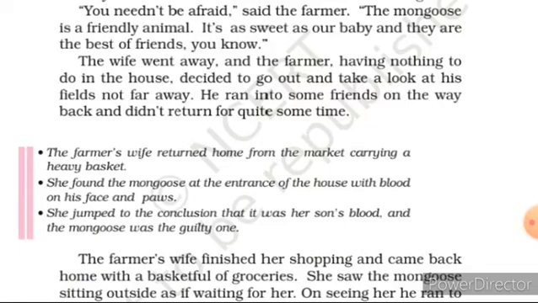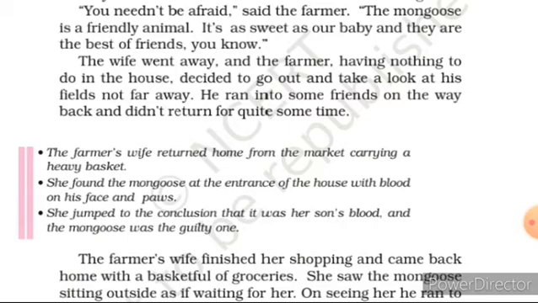Now listen, children, you have to repeat this paragraph along with me. Read louder, pronounce it properly, open your mouth and read. The wife went away, and the farmer, having nothing to do in the house, decided to go out and take a look at his fields not far away. He ran into some friends on the way back and did not return for quite some time.